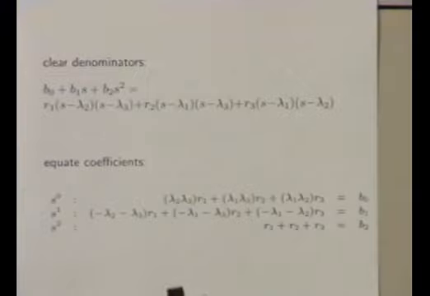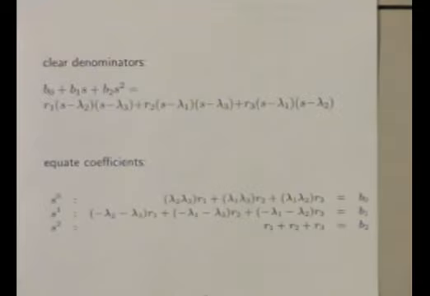Okay? Now, all you have to do now, remember what you know here. You know B0, B1, B2. You know lambdas, and you don't know the r's. So if you stare at this long enough, you will realize you have a set of 3 equations in 3 unknowns. That's R1, R2, and R3. Okay? So usually, that means you can solve for them.